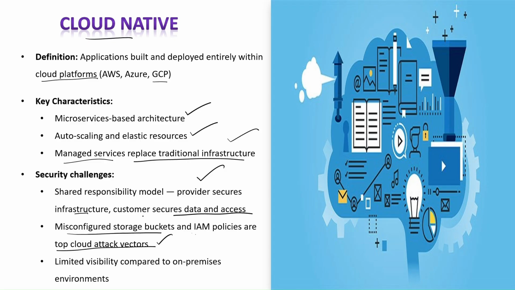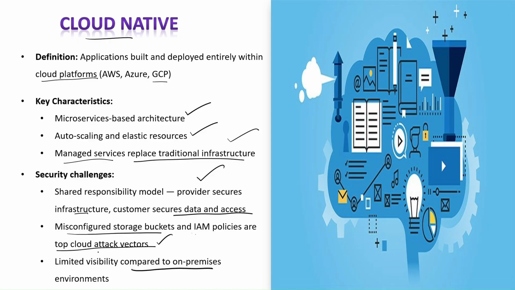Since the cloud is accessible from anywhere through the internet, a misconfigured storage bucket is a top cloud attack vector because it is accessible from anywhere, and if it is misconfigured and the data is also accessible, then we are in trouble. Again, we have limited visibility compared to on-premises environments.